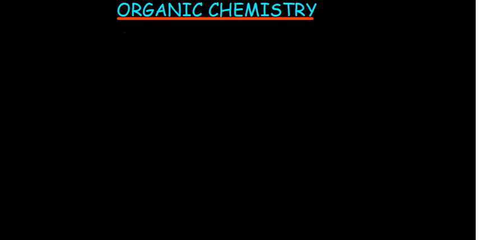Okay, so we're going to start with an aldehyde. I'll just write their functional groups and then we start naming them. And then a ketone. Now, the functional group of an aldehyde is much the same as that of a ketone.